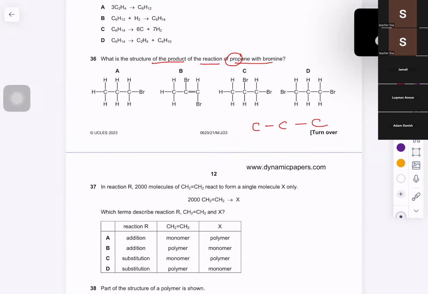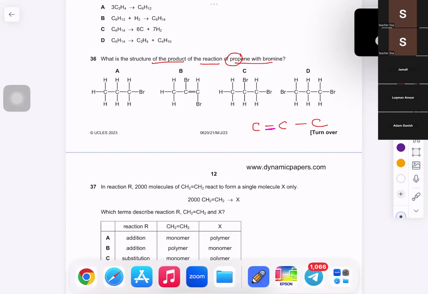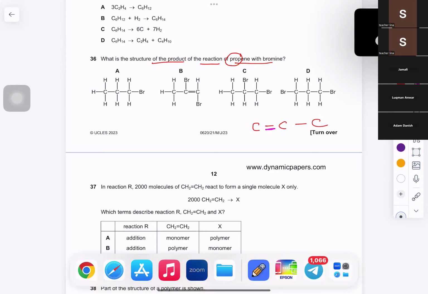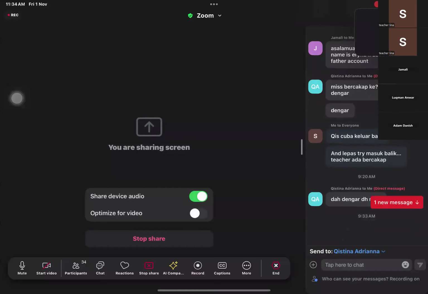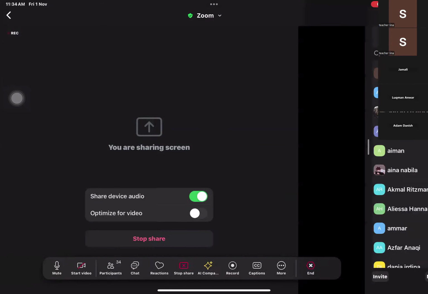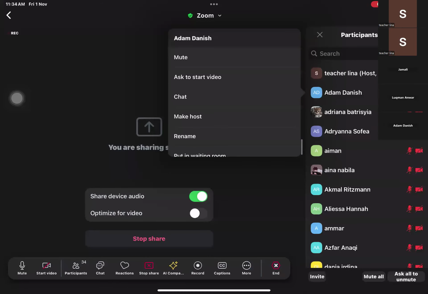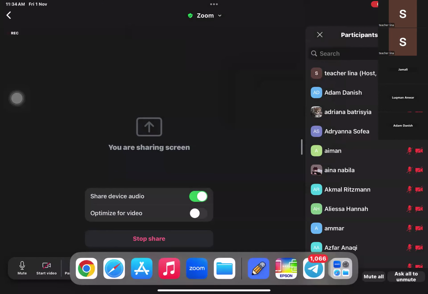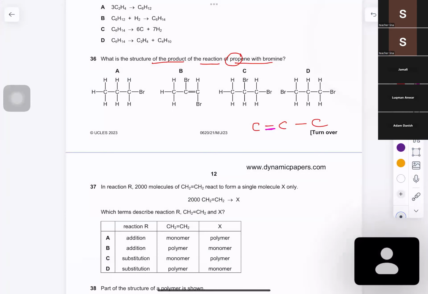And then, one double bond lah because alkene kan. Okay, double bond because alkene. C double bond C.